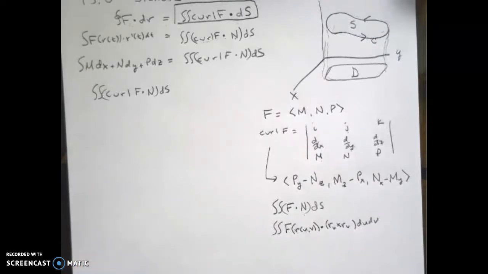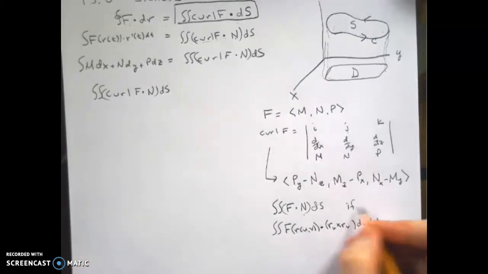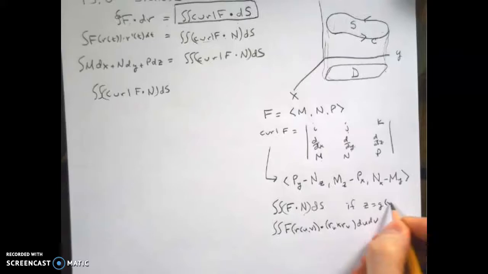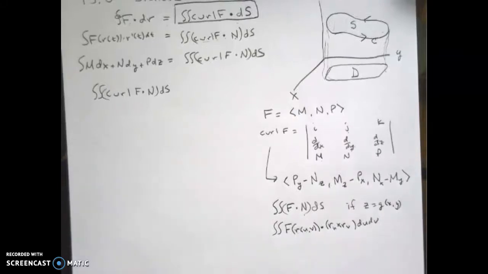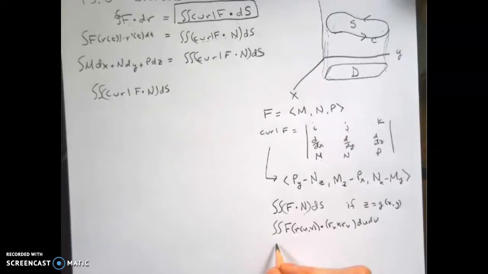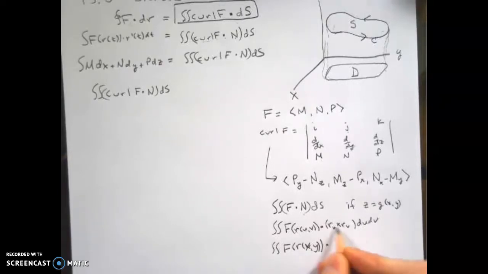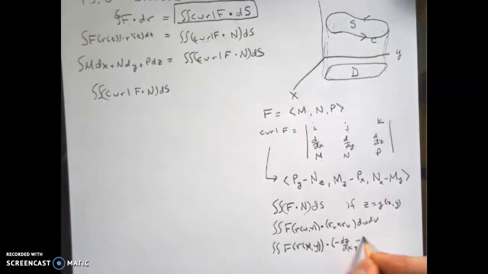Now, there was another way you could do this. If your z value was a function of x and y, this simplified a little bit differently. What you had here was F of r of x, y, dotted with r_u cross r_v, and remember what that came out to? It came out to the opposite of dz/dx, the opposite of dz/dy, and then 1.